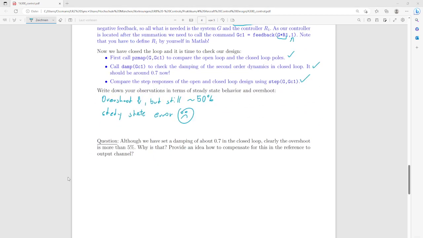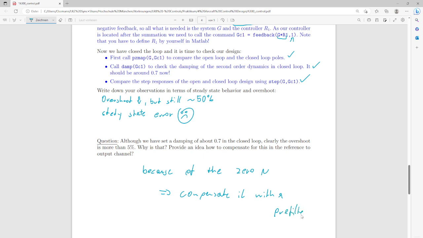Okay. Again, although we have set a damping of 0.7 in a closed loop, clearly the overshoot is more than 5%. Why is that? This is simply because of the zero in the system, the zero mu. So what we could do is, again, we can compensate it with a pre-filter.